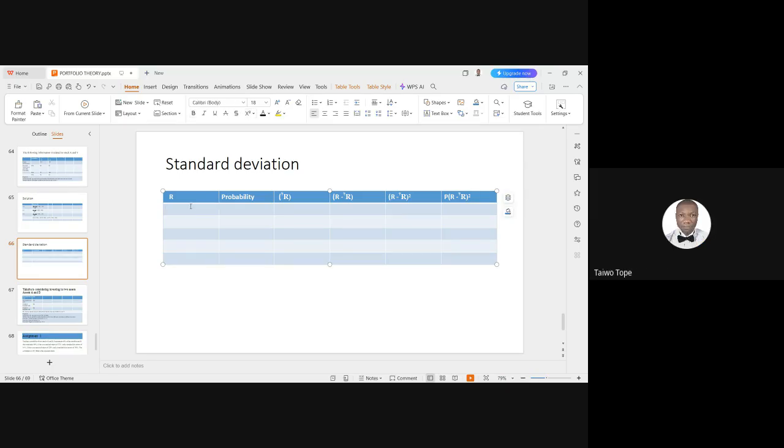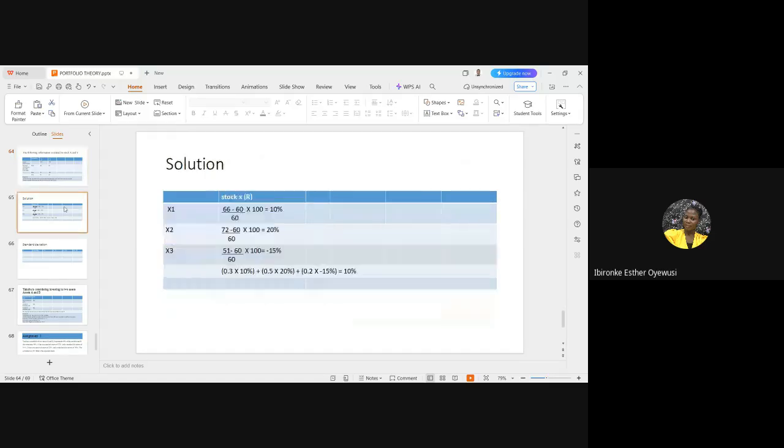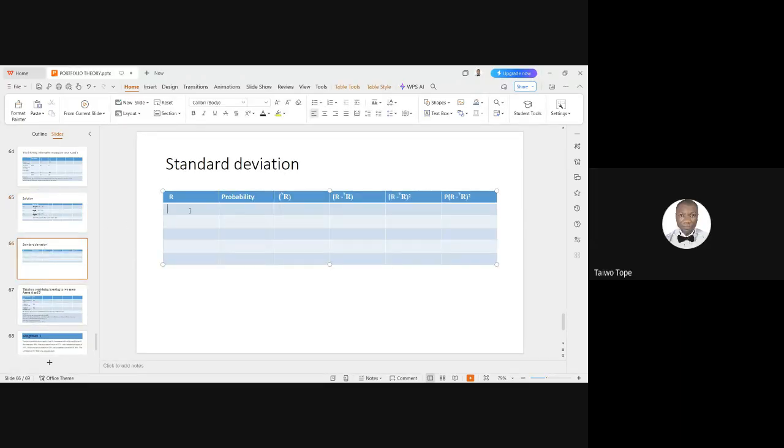Based on your returns, you have 10%, 20%, and minus 15%.